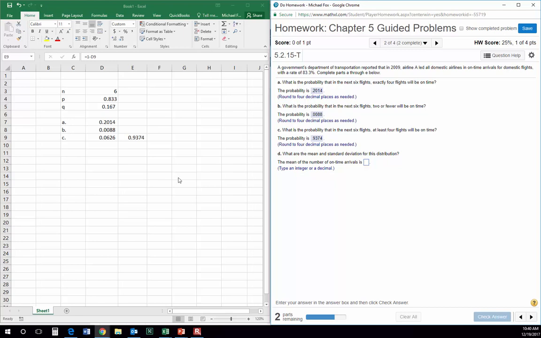All right. The mean. So to find the mean, all we do is the formula for that is NP, or the number of trials times the probability of success.